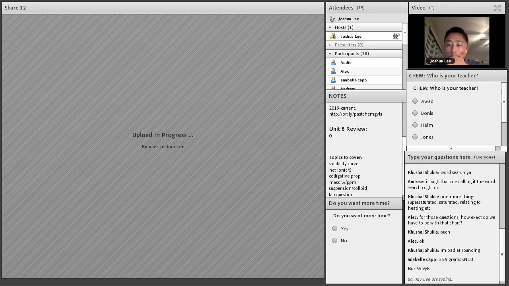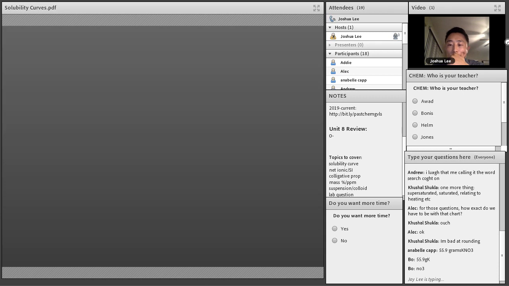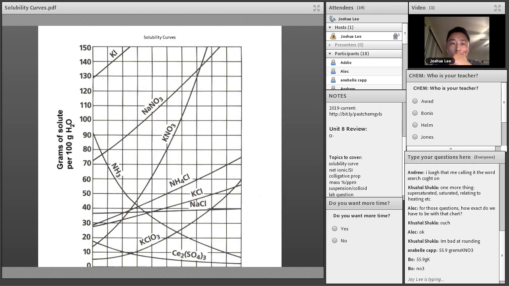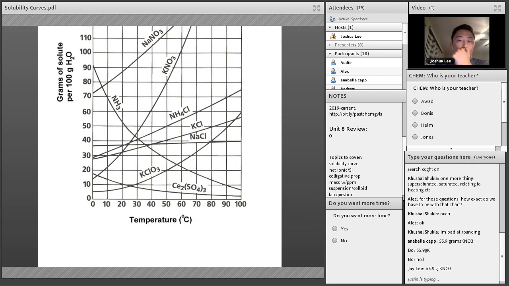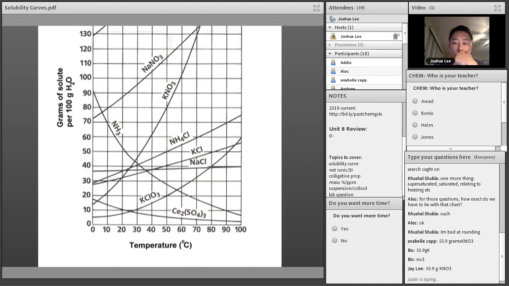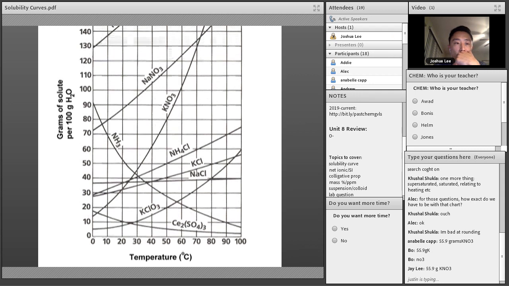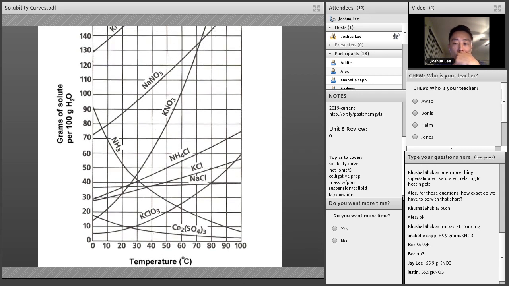55.9 grams of KNO3. Bo says 59.9 grams KNO3. Good. So here's the graph. Jay also agrees. So it looks like it's 55.9. And this is how you'll go about reading it. The question said: how much potassium nitrate can dissolve in 43.0 grams of water?